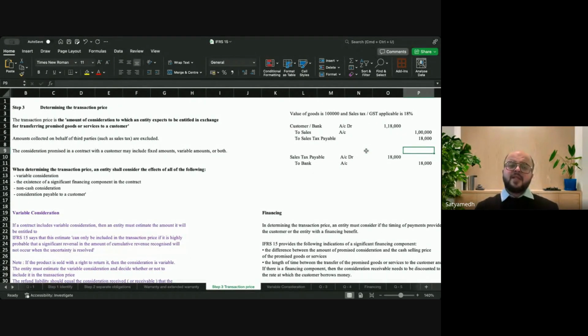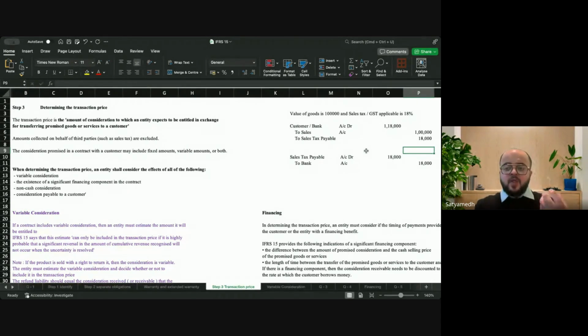Now, transaction price: if you just go with the dictionary meaning of transaction price, it is the amount promised under the contract. If I teach you FR, you pay me 30,000. If I come and deliver vegetables to you because I'm Blinkit, I am charging you 500 rupees. That 500 rupees is my transaction price.